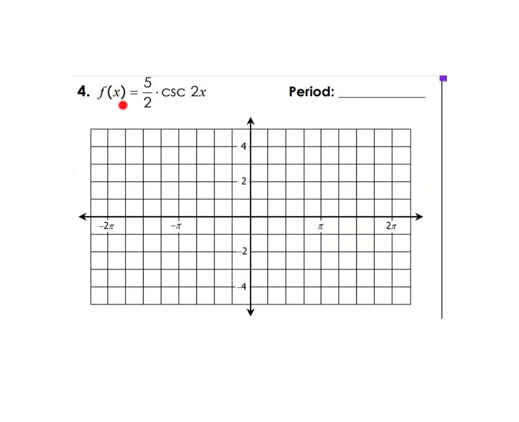Here we have f of x is 5 halves cosecant of 2x. So I'm first going to graph f of x is 5 halves sine of 2x.